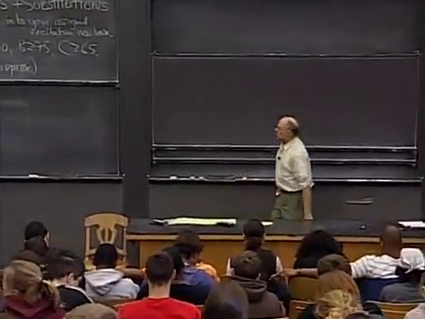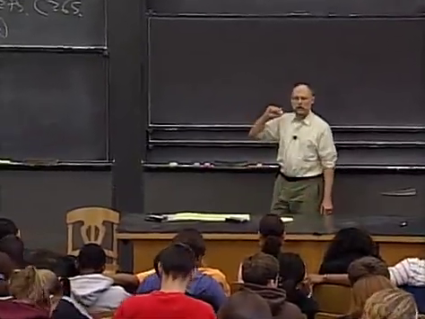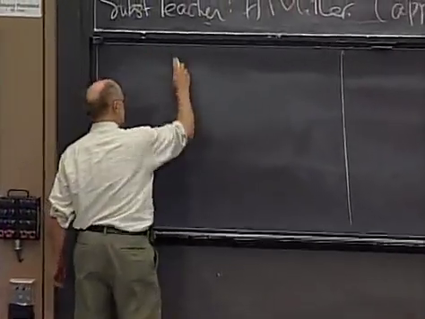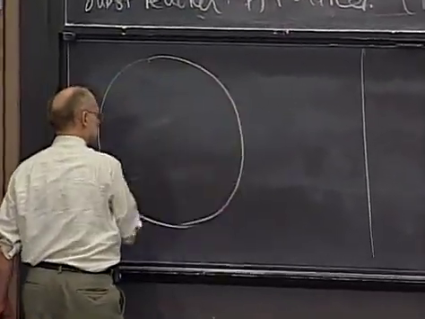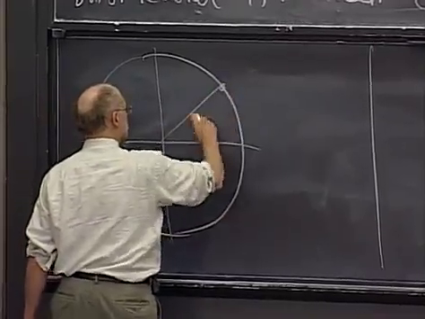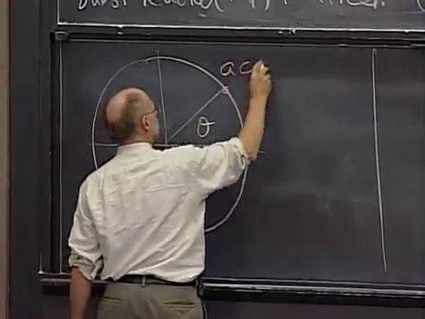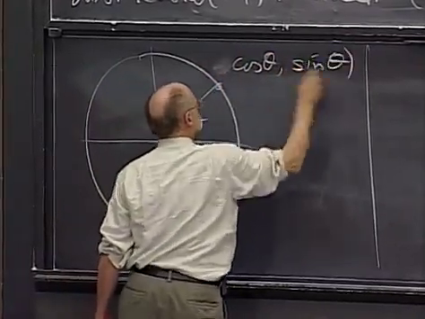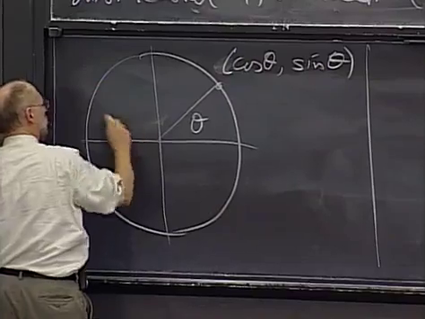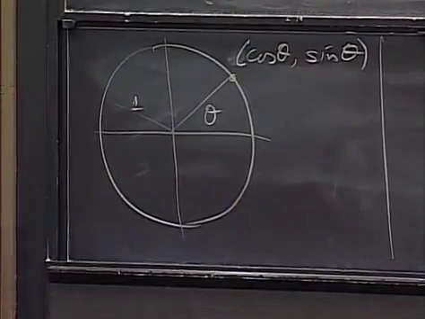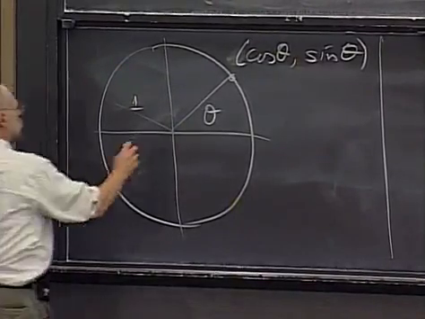So this is about trigonometry, and maybe the first thing I'll do is remind you of some basic things about trigonometry. So if I have a circle, all trigonometry is based on this circle of radius 1 centered at the origin.